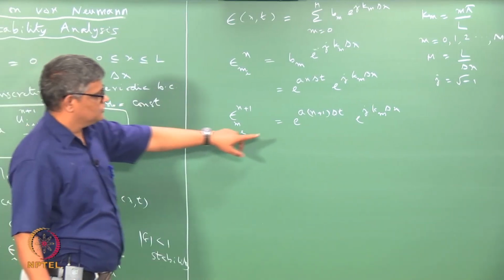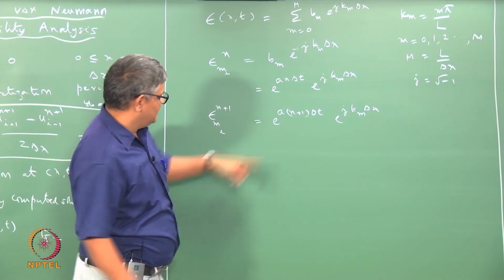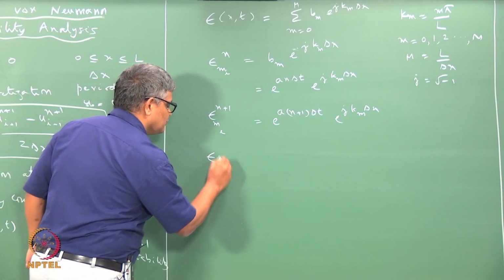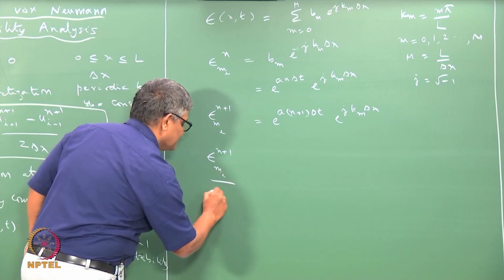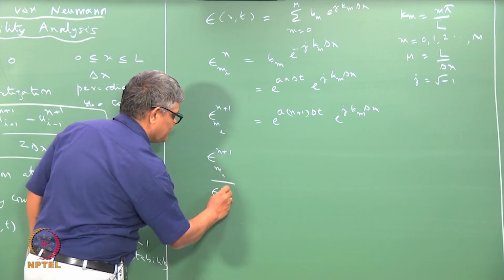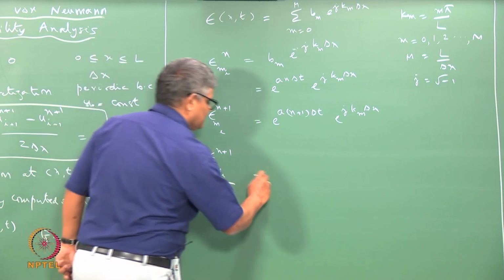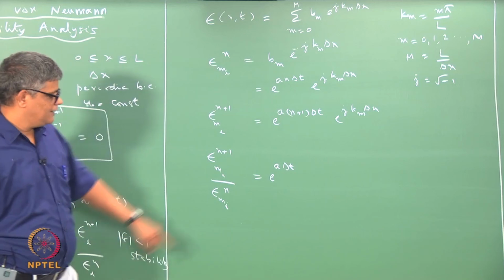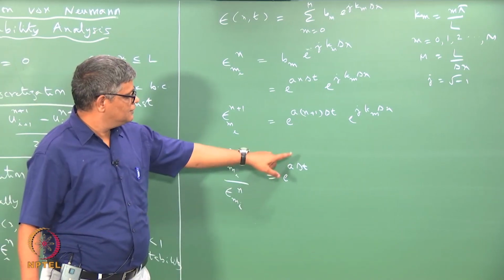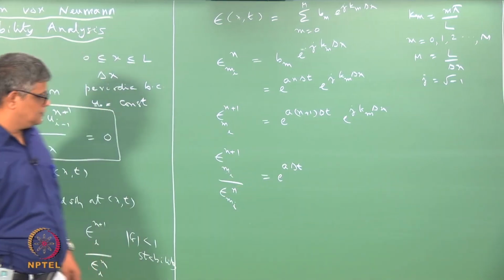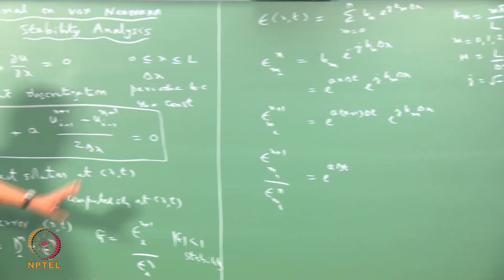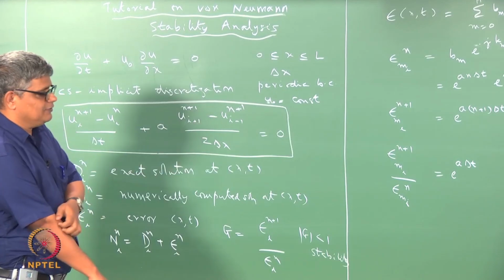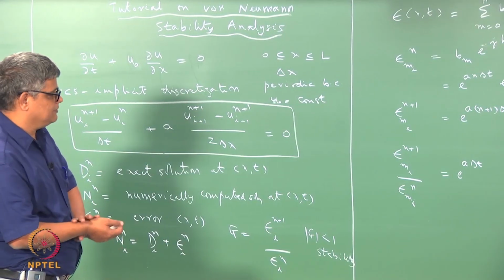And the ratio between the two, for the mth wave component at n plus 1 divided by the same component at the same location but at nth time, is now given by exponential of a delta t. And therefore, if a is positive, then this is going to be a positive quantity, and if it is greater than 1 in magnitude, then it is going to give rise to instability.